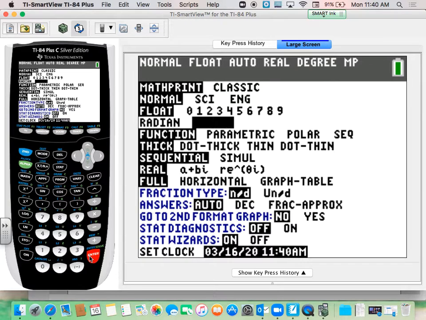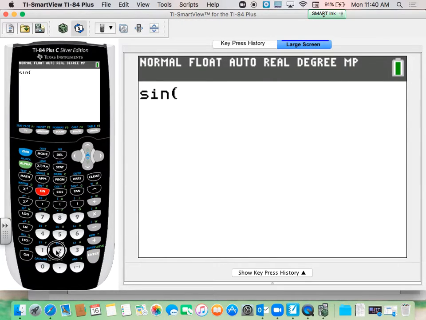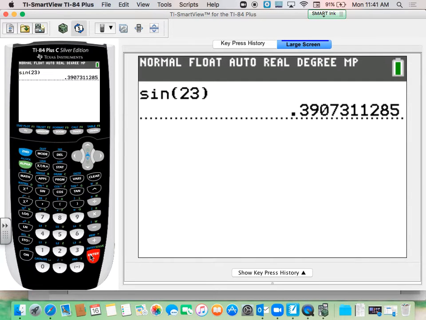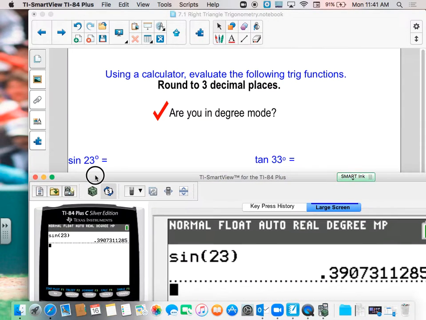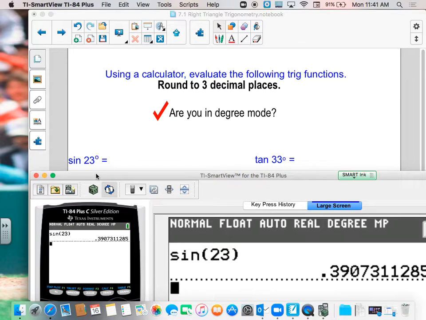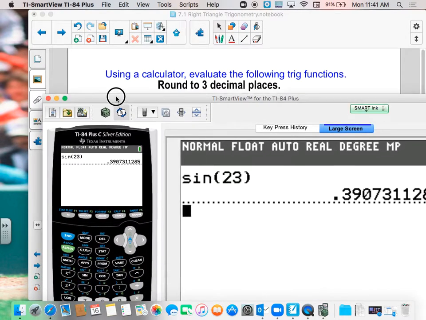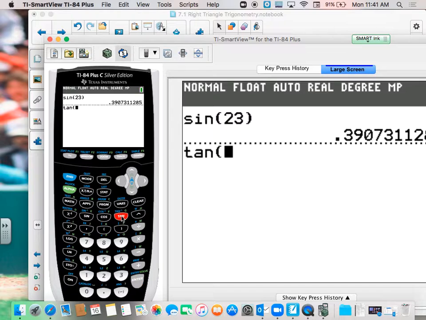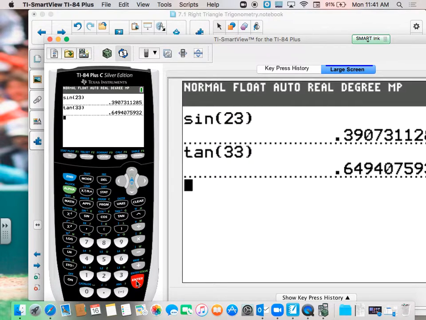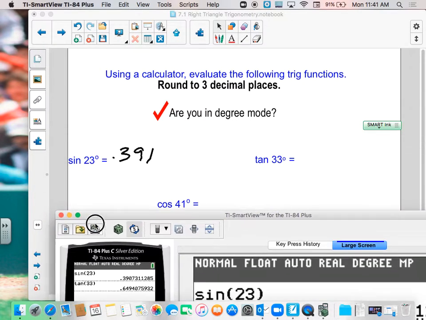Now I'm going to try the sine of 23 degrees, and there's your answer. So for this first problem, if you round it to 3 decimal places, you are at 0.391. And if I grab my calculator for the tangent of 33, here's my tan button, 33 degrees, and I'm at 0.649.